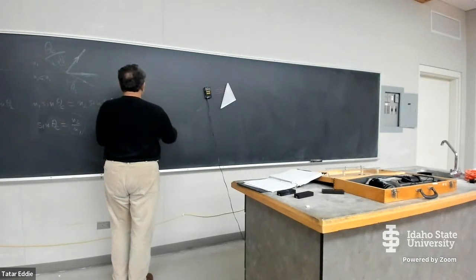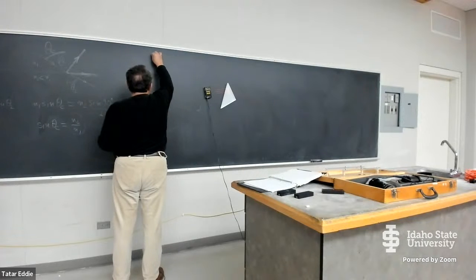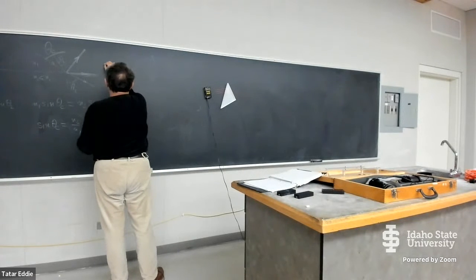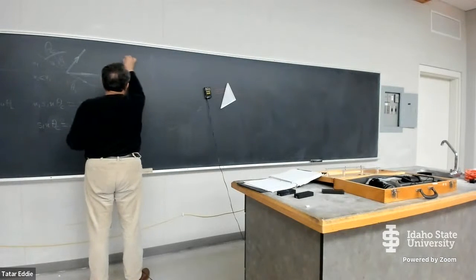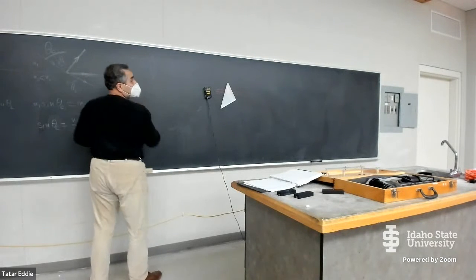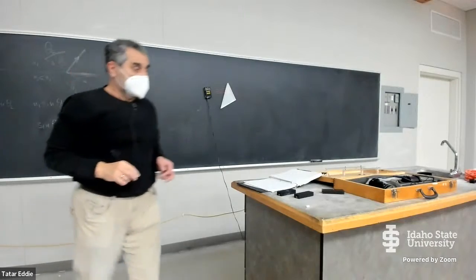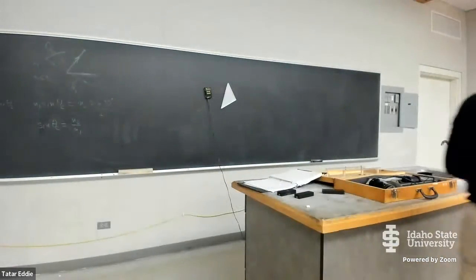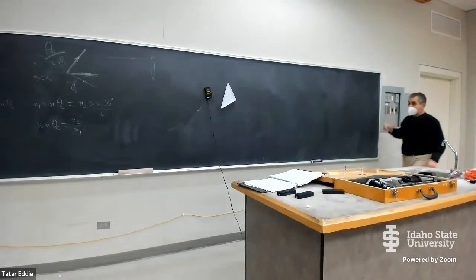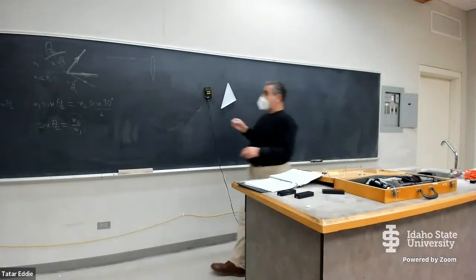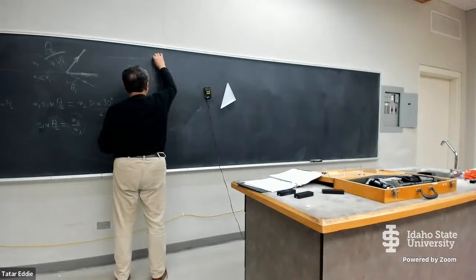So a converging lens is shaped in such a way that any light ray that comes in parallel to the principal axis is going to go through the focal point, a unique point on the other side of the lens.